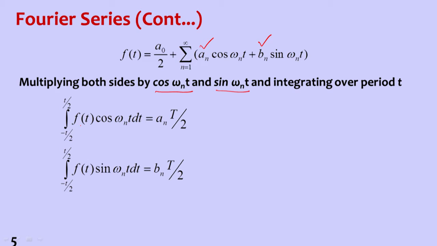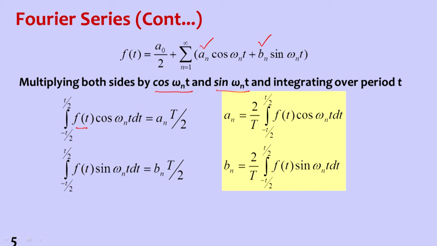If we integrate over one full cycle, the product value is an T by 2. Similarly in sine also, bn T by 2, because it is multiplying with this function. Now an will be 2 by T into this integral, and bn is 2 by T into this function.